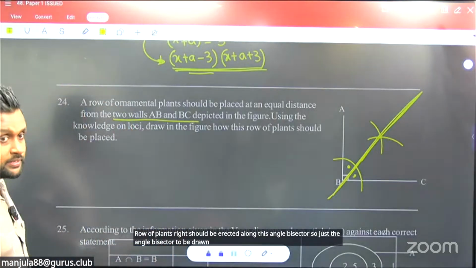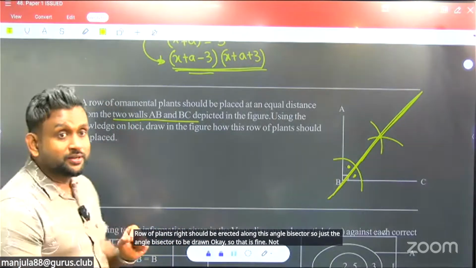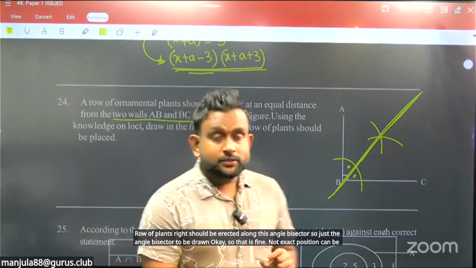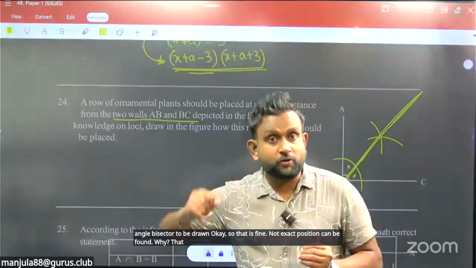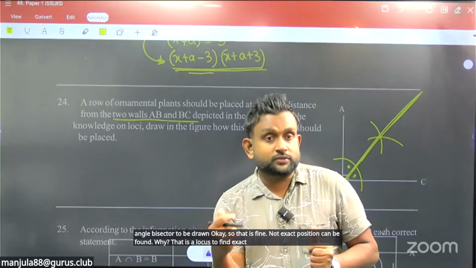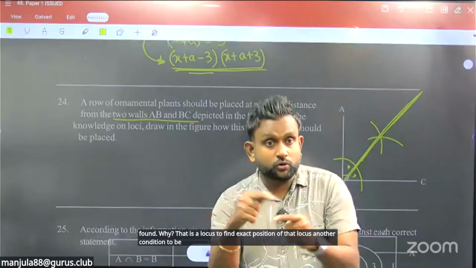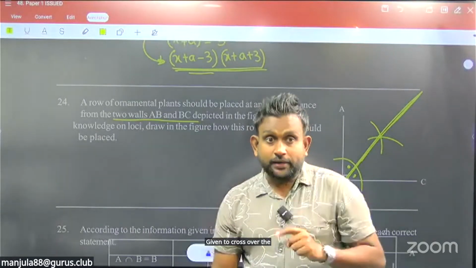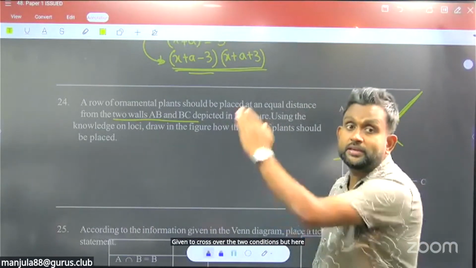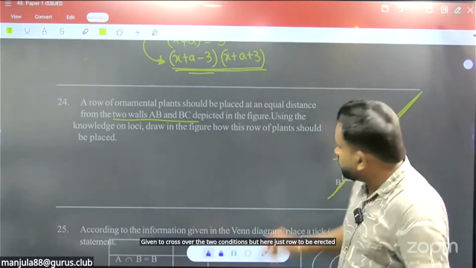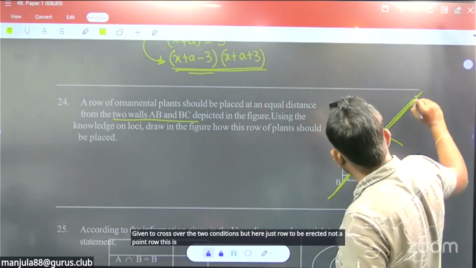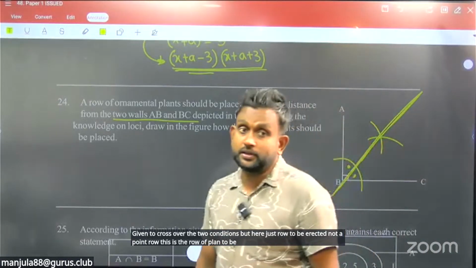Okay, so that is fine. The exact position cannot be found. Why? That is a locus. To find the exact position on that locus, another condition has to be given to cross over the two conditions. But here, just a row is to be erected, not a point. This is the row of plants to be erected along this bisector.